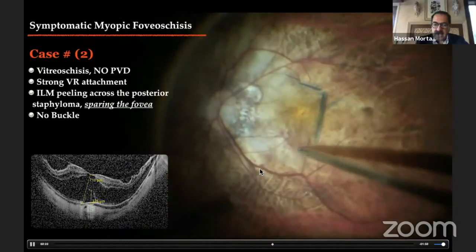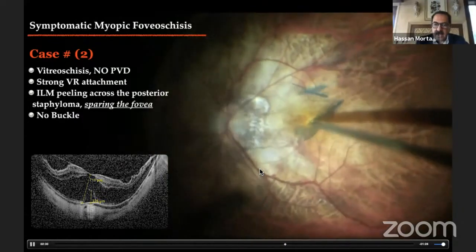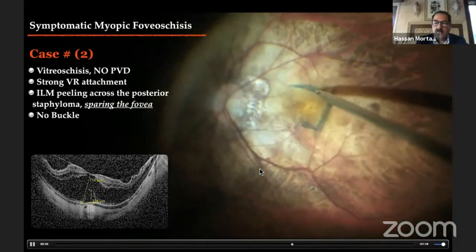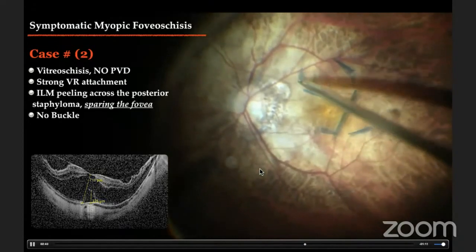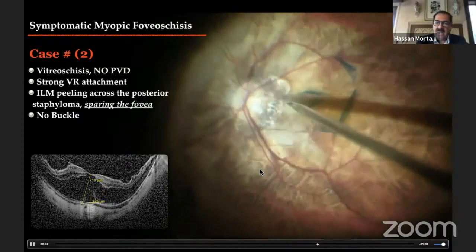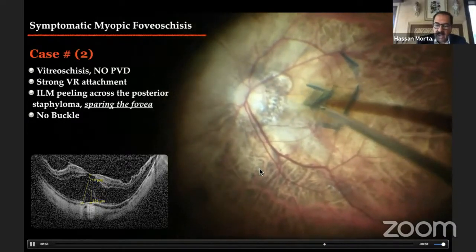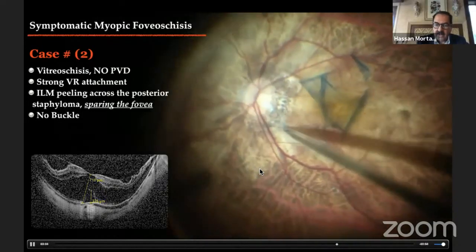And this is done from all the sides. This serves to peel the ILM from the edge or to the edge of the staphyloma, thus decreasing the rigid effect of the ILM on the underlying retina, and mobilizing the underlying retina.